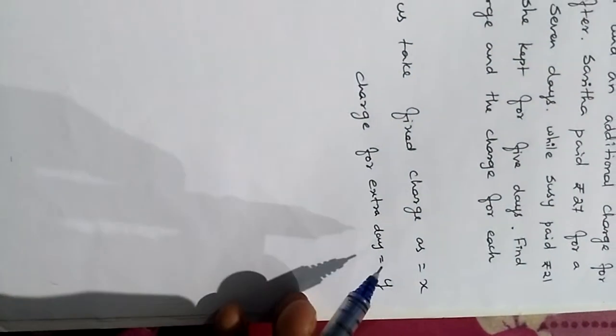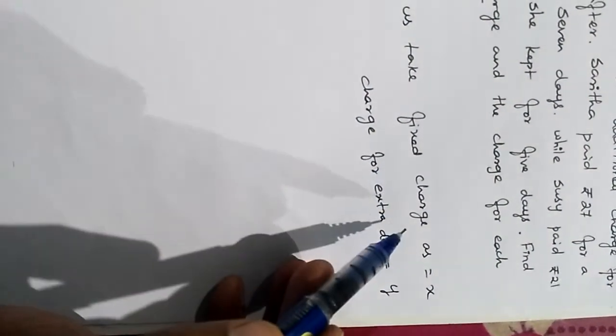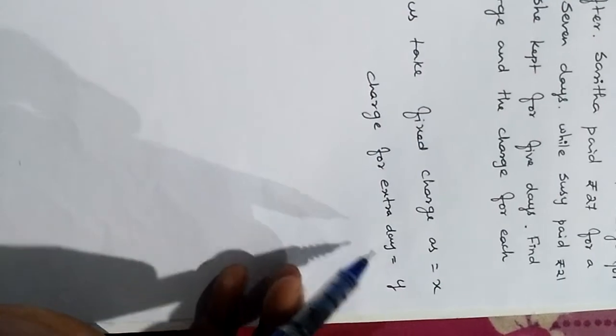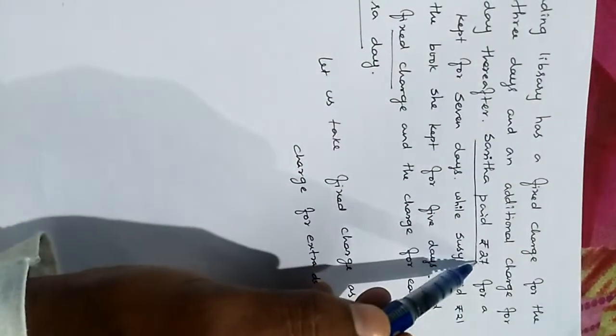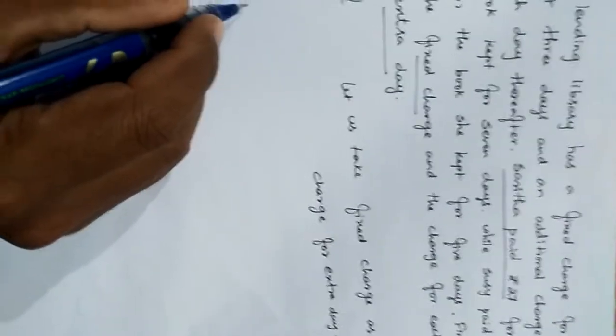Okay, so there are two kinds of charges. One is a fixed charge, one more is the charge per extra day. So we are taking x and y variables. Now let's take the first statement. Sarita paid rupees 27. It's given in the question.